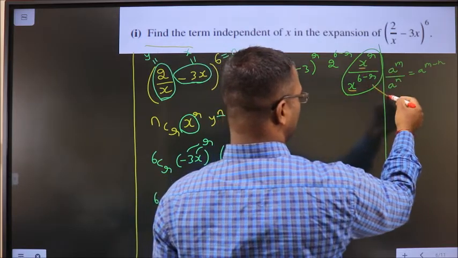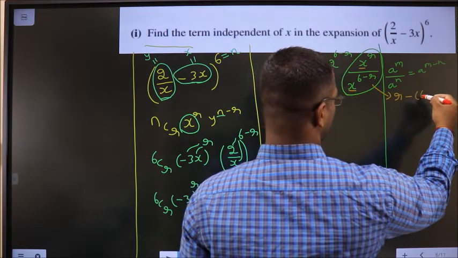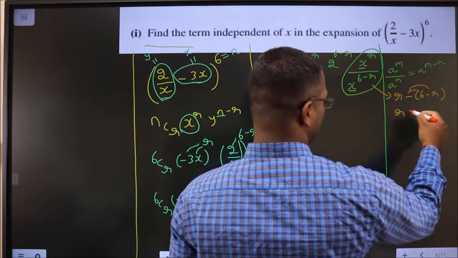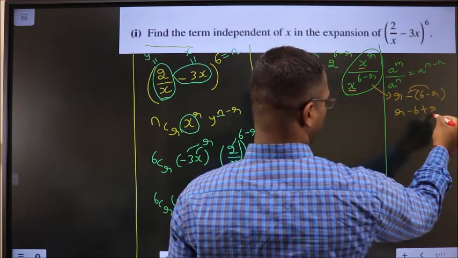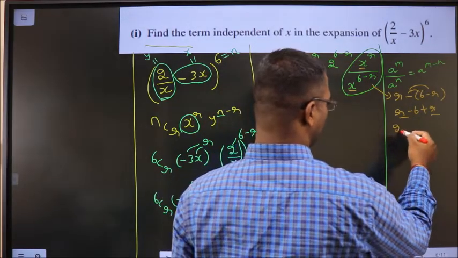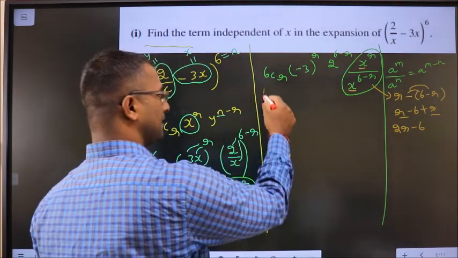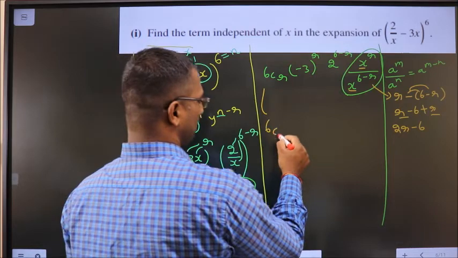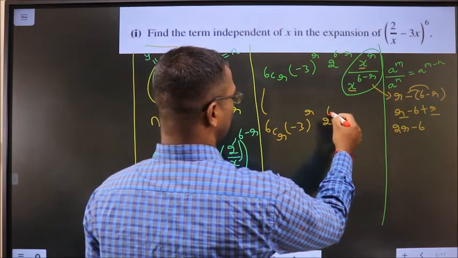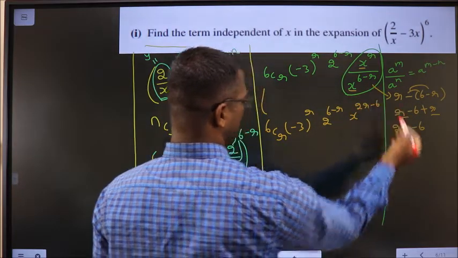If I subtract the powers, what do I get? r − (6 − r). Multiply with negative sign, so −6 + r. These two are like terms, so r + r is 2r − 6. So now this will change to 6Cr (−3)^r 2^(6−r) x^(2r−6).